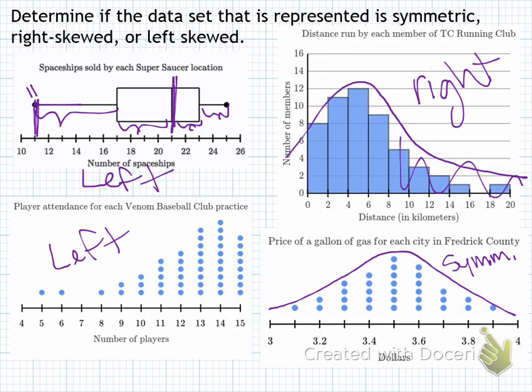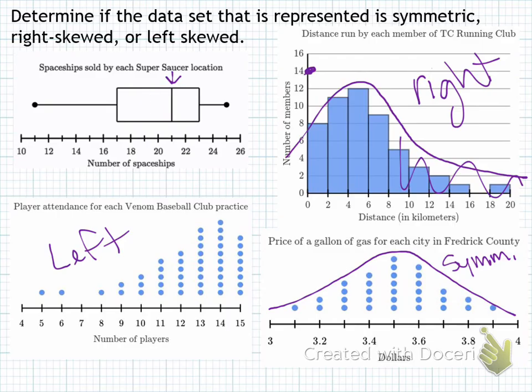Okay, I could also think if this was my median, I want my curve to kind of be normal like this, but instead of having that, I still have all these numbers over here. So I have extra things on the left, so it's left skewed. I could also think for the box and whisker plot, if this was the median and I had a symmetric box and whisker plot, it would kind of look like this, right?